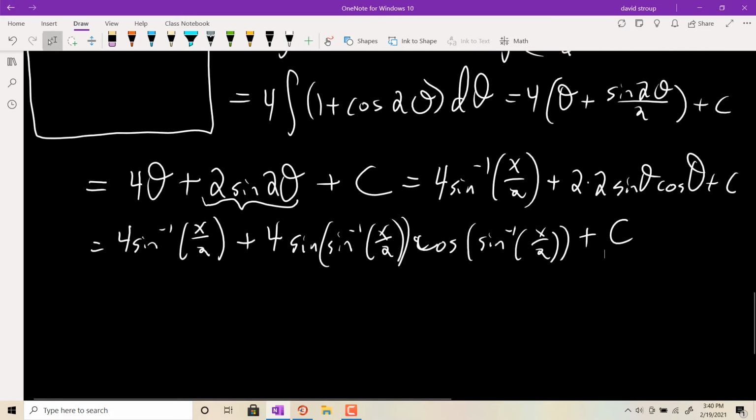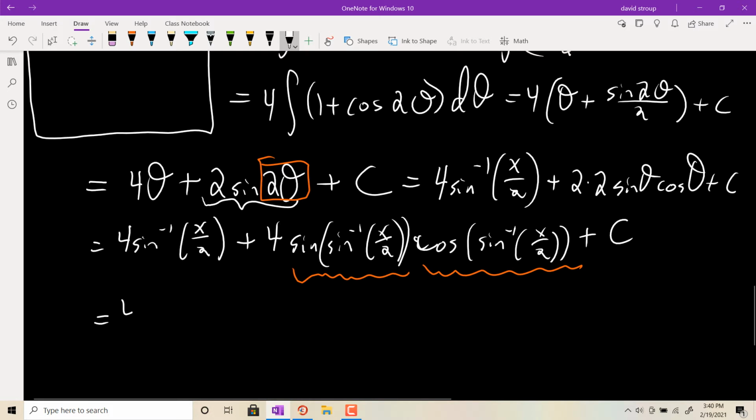Okay. The reasoning why I had to convert sine 2 theta into 2 sine theta cosine theta was because I need to eventually be able to simplify this thing and this thing. The first thing, sine of sine inverse of x over 2, is just going to be x over 2. Okay, that's no big deal. The second guy, I don't know, right?